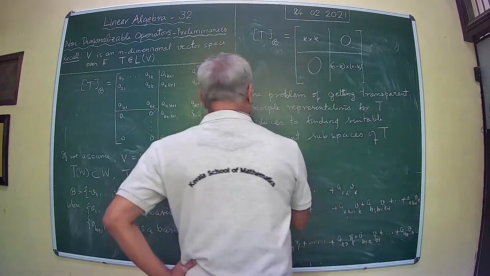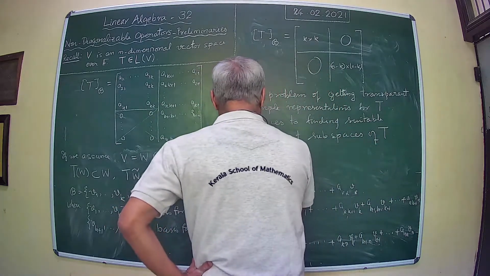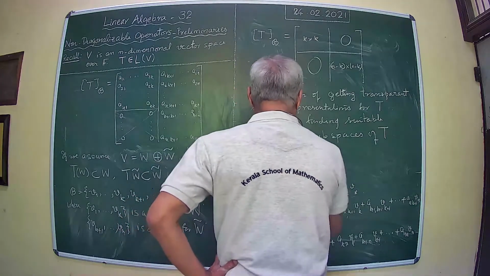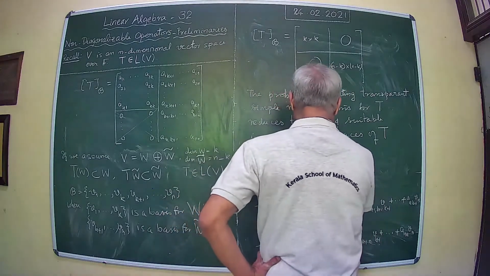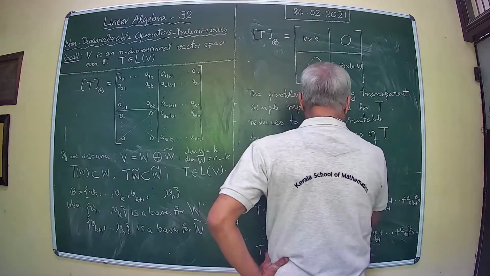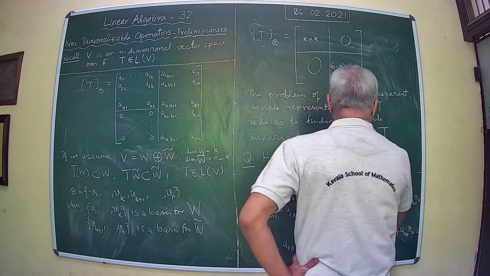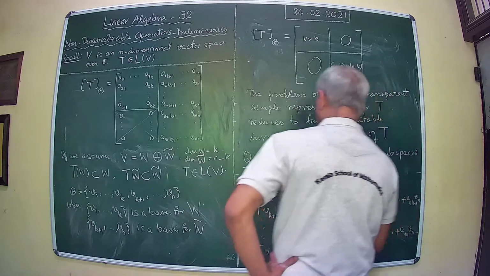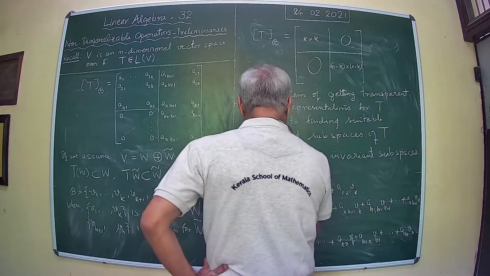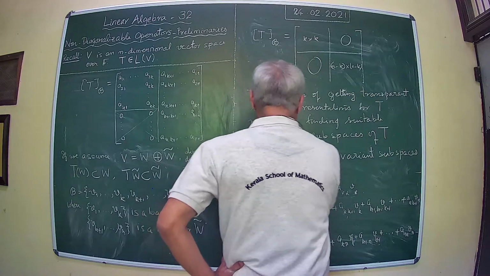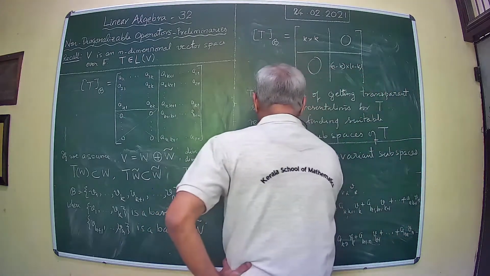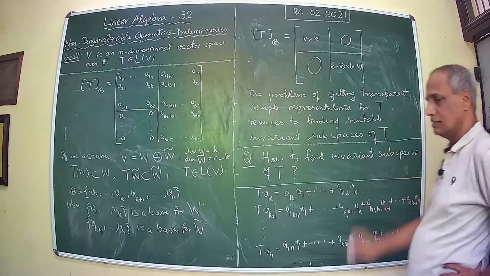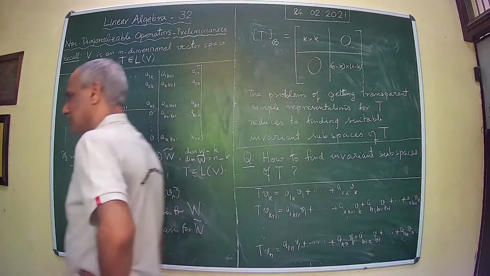So we end with a question: how to find these? This is the central question that we are now going to address. How do we hit upon these suitable invariant subspaces?